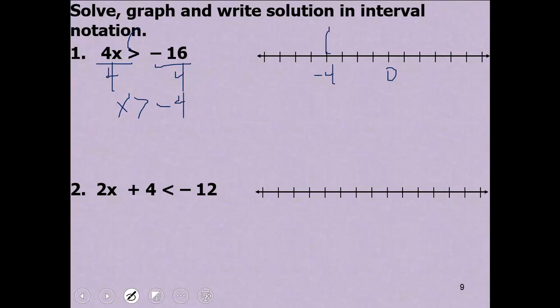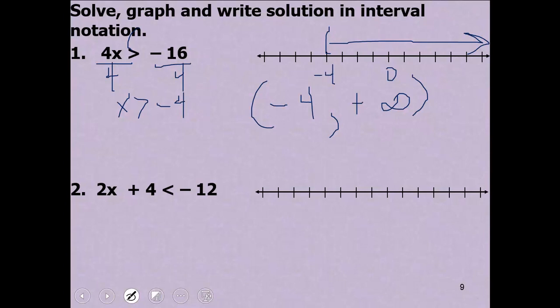There's a parenthesis, and then I go off to the right. Off to the right implies that I am going off to positive infinity, and my end point is negative 4, and there is my solution in interval notation.